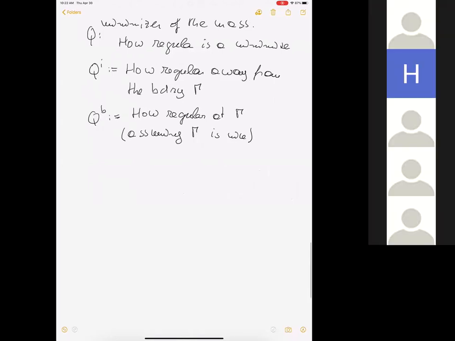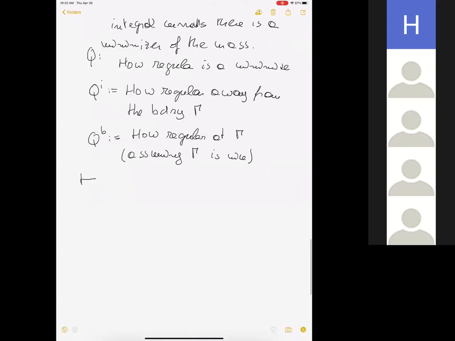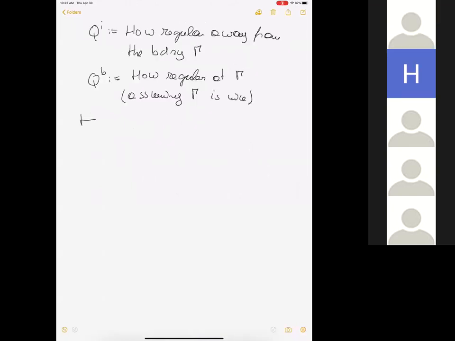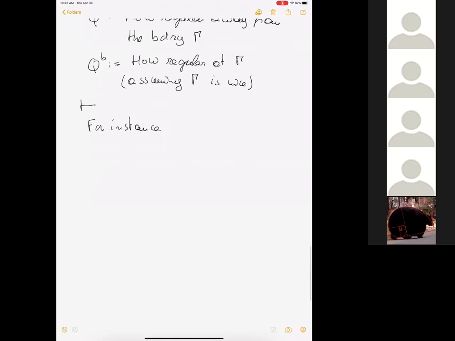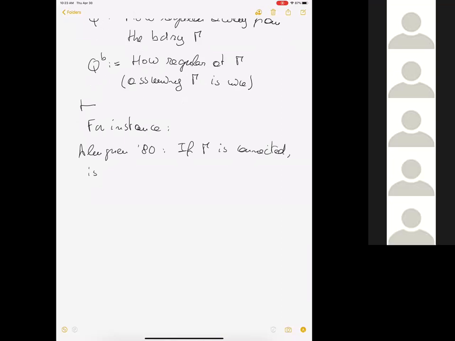So let me come to the question of the talk, which is a question by Almgren. This is a kind of guidance for why we bother about this sort of regularity. Almgren, back in the 80s, asked the following question. If gamma is connected, is the minimizer connected too?